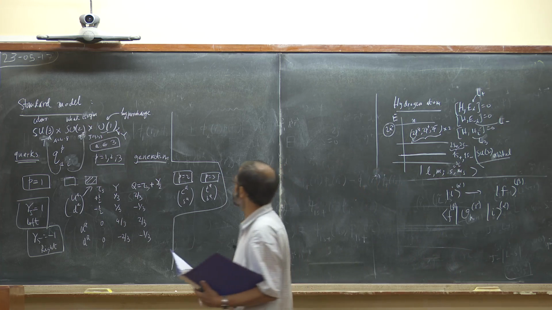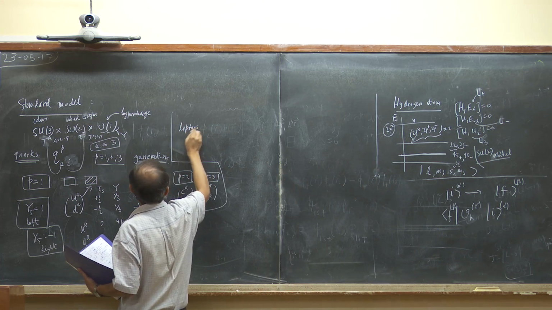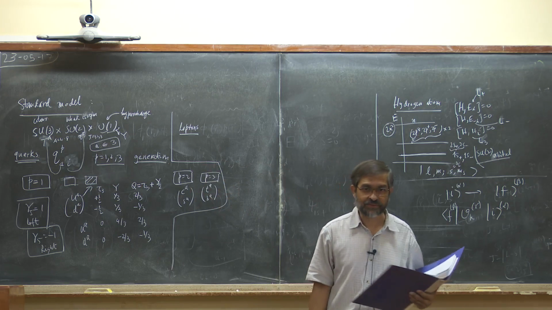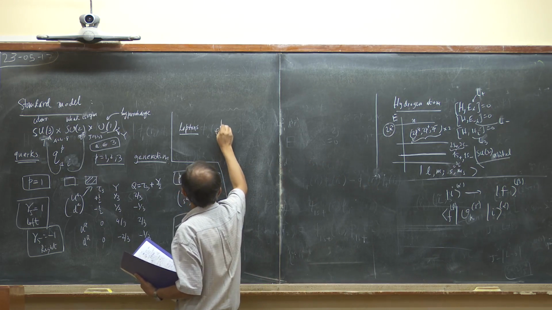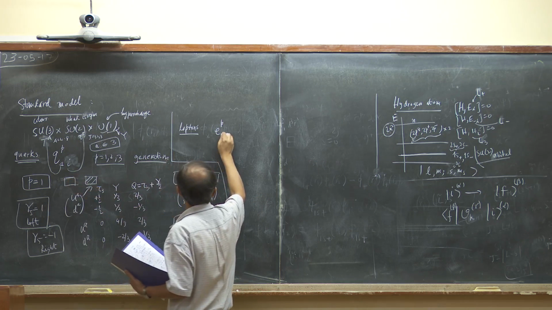They are called leptons. They have one quantum number less. They don't interact with color. They don't have color charges. So the leptons also have a generation index, if you wish. They don't have this A business. They have I.